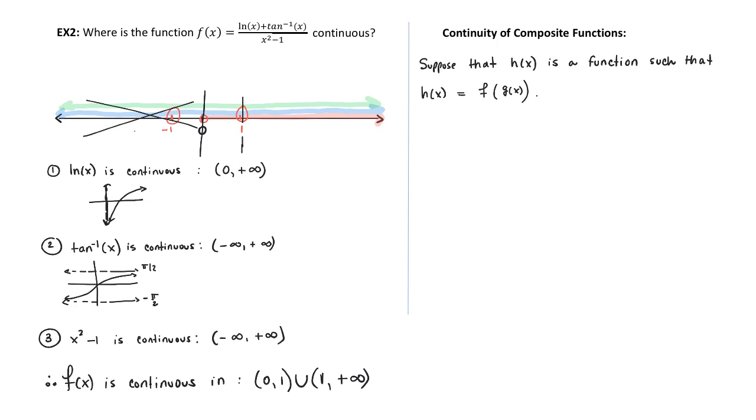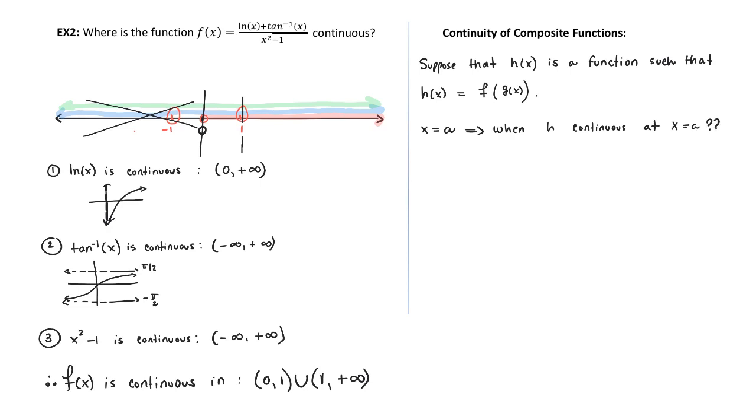We are going to pick x equals a, and the question will be here, when is h continuous at x equals a? So this is what we want to investigate.